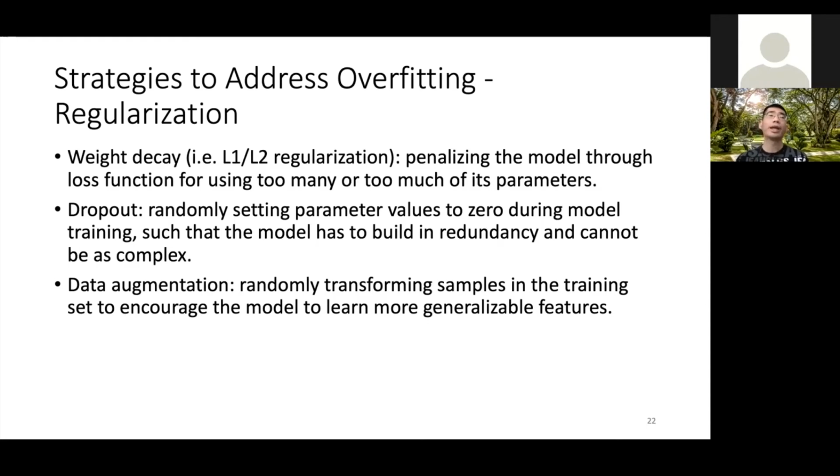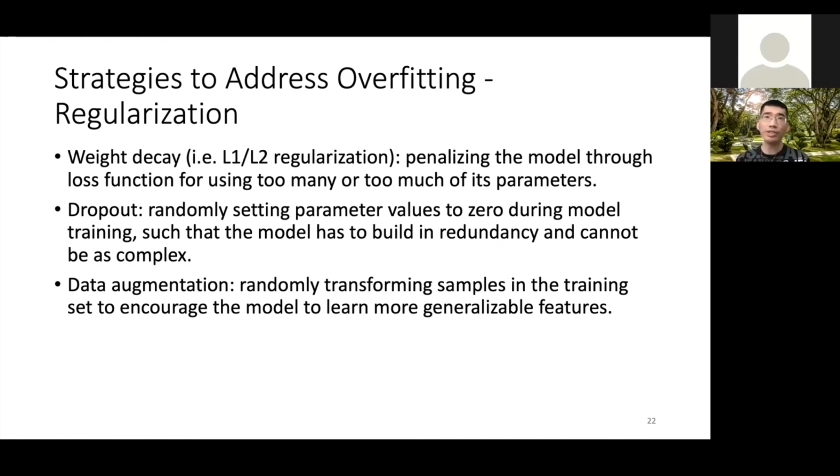A second regularization approach, which is a very common technique in neural networks, is dropout. Dropout means randomly setting parameter values to 0 in the model during training. This means picking a layer of the model that randomly drops out output values and sets them to 0.